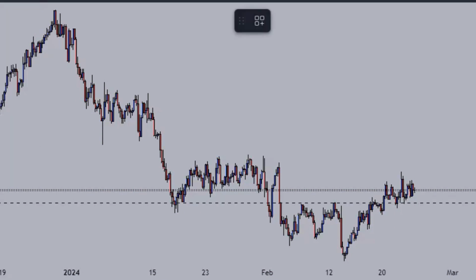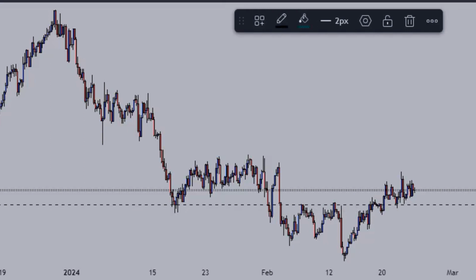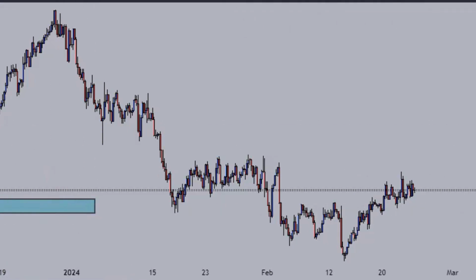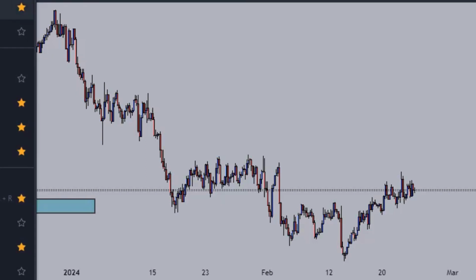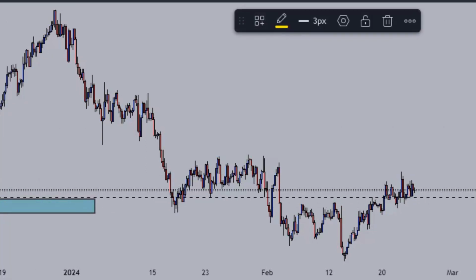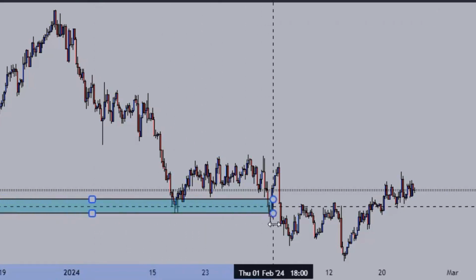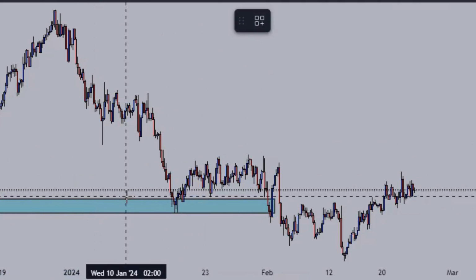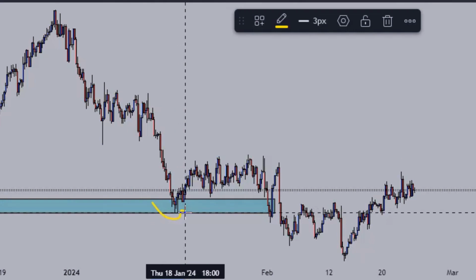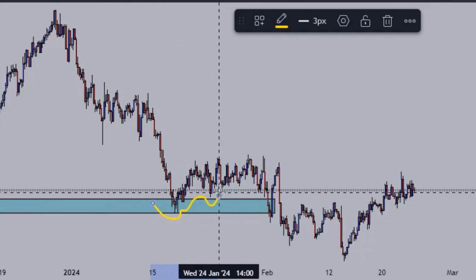Got a rectangle there. If we can see, where's this? There we go. We've hit off of it once, twice, three, four times. Pull it over. We've hit off of it, one, two, almost three.